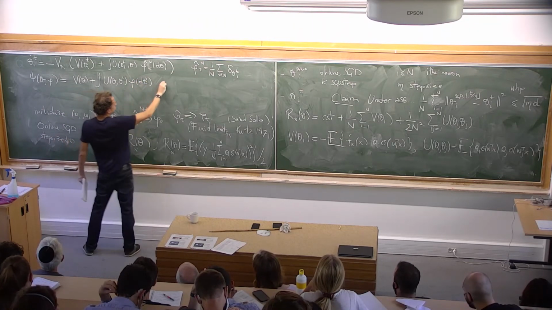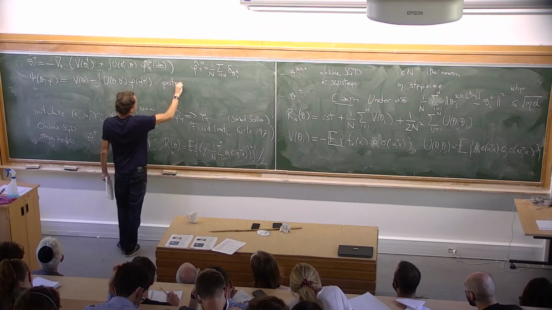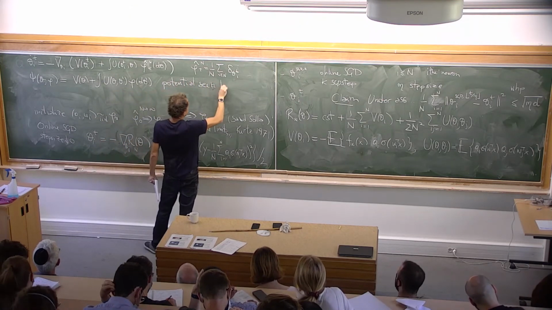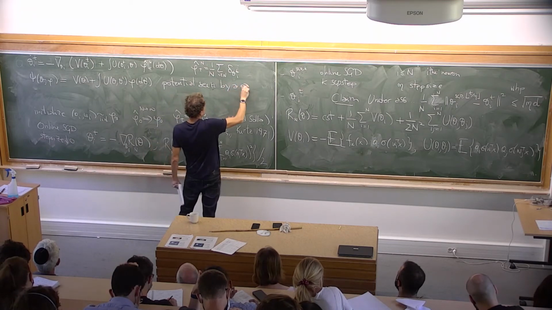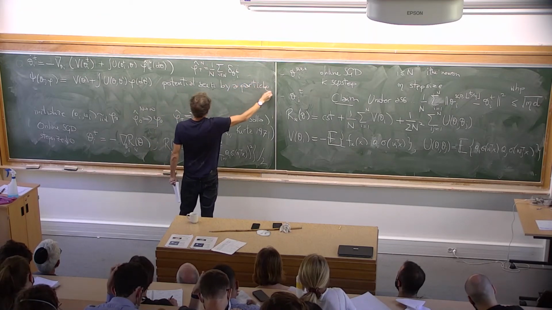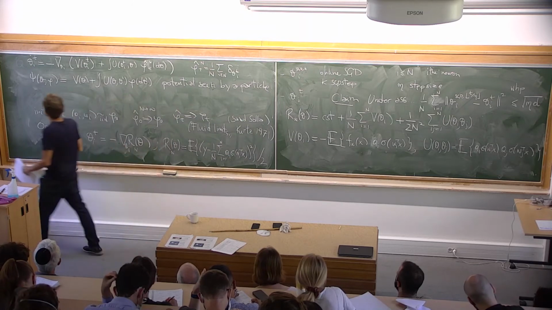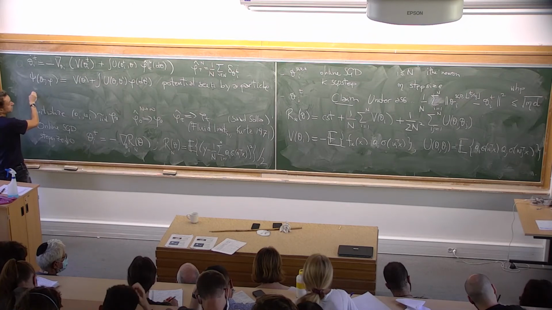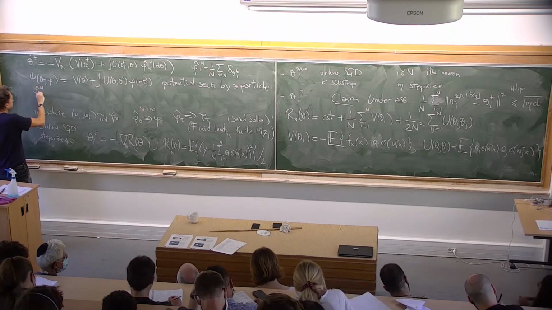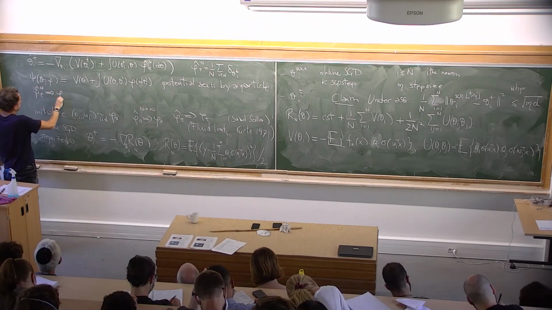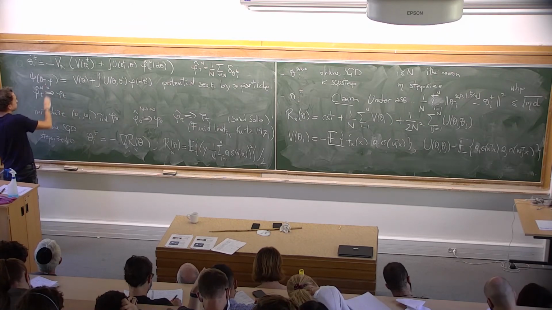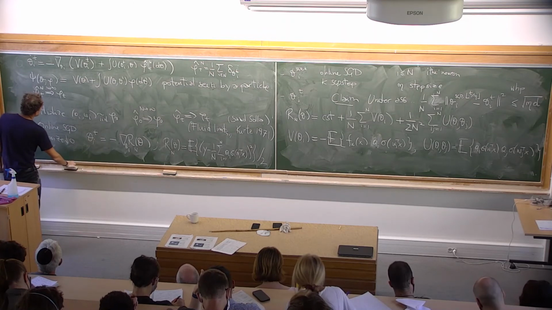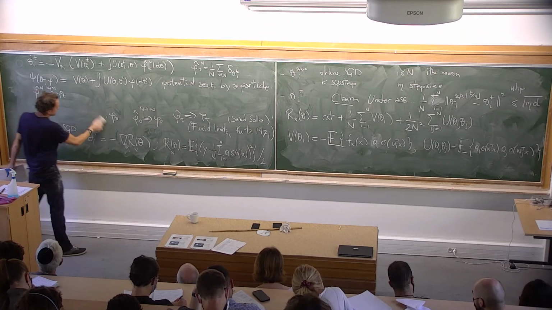So this is the potential seen by a particle, by a neuron, okay? And you will not be surprised, if you're a physicist, if I say that this will converge as n goes to infinity to a limit density, a limit distribution, not necessarily a density.